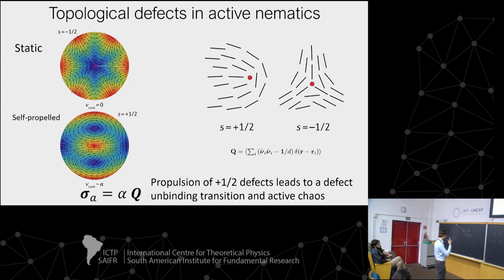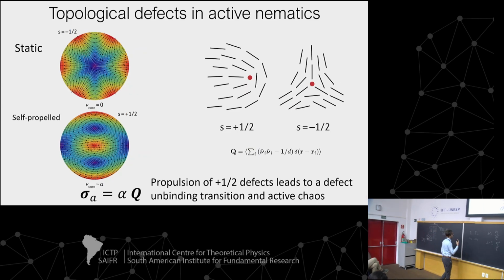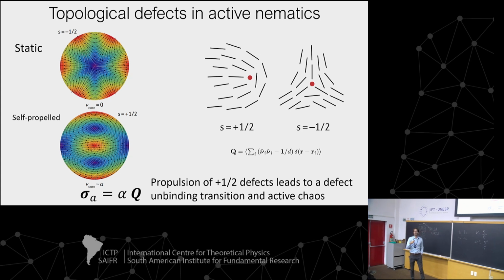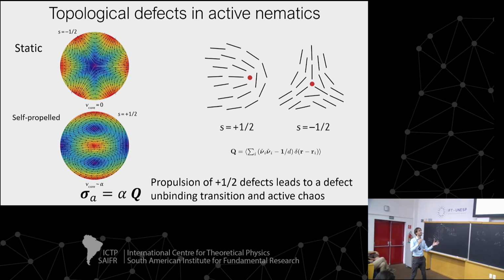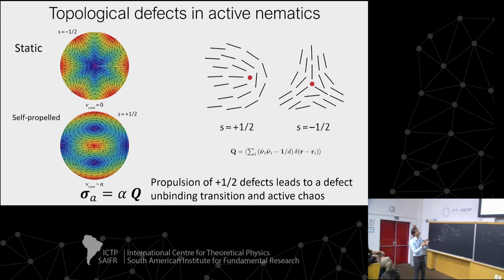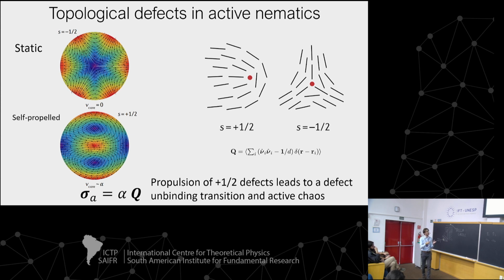So why does this have something to do with active fluids? Well, it turns out that the interaction between topology and active fluids is a particularly interesting one, right? For example, one thing I mentioned at the end of the last lecture are active nematics, active nematic liquid crystals, and if you put some topological defects into an active nematic liquid crystal, they will begin to self-propel, right?